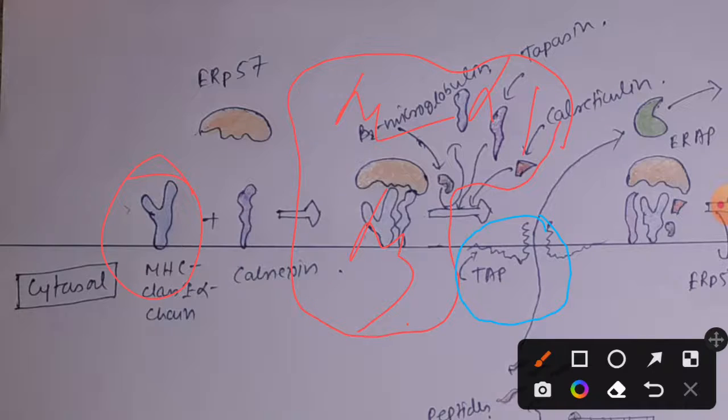So in this way you can understand that the entire alpha chain was together from the very beginning. Later, beta 2 microglobulin was attached. So today we are going to see how beta 2 microglobulin attaches to the MHC class 1 alpha chain.